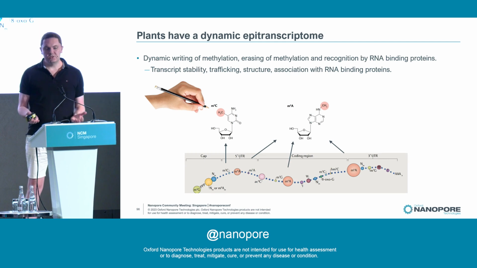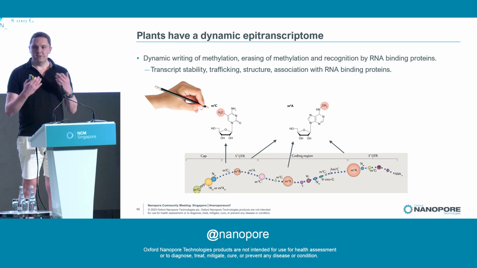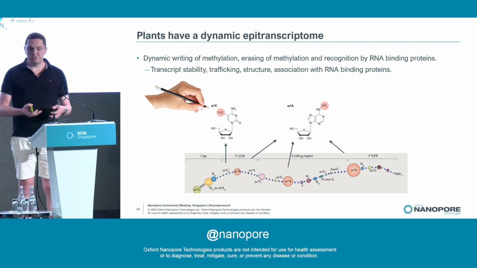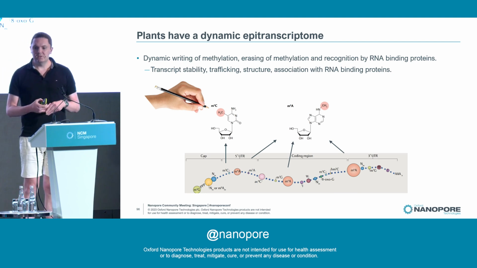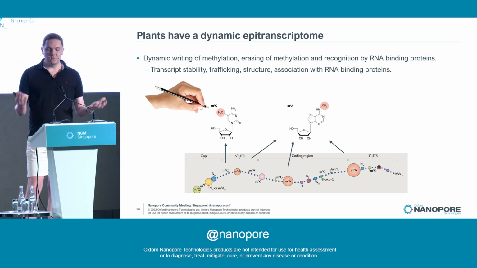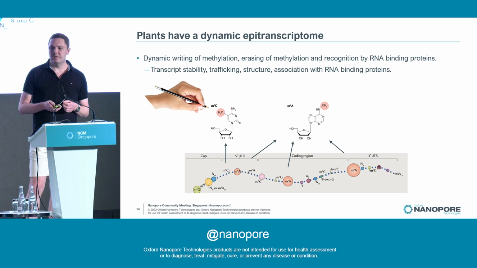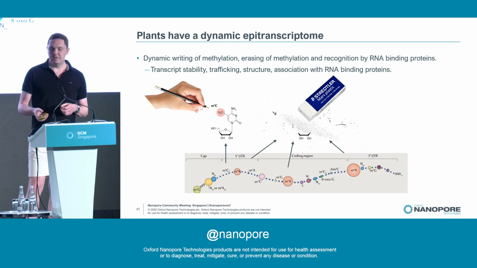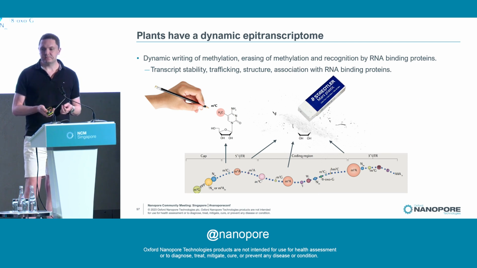What we've been looking into now is what methylation is occurring during this infection process, and what we see is that there's a lot of methylation being written. So this is dynamic, with methyltransferases adding methylation to the RNA. We also see dynamic removal of the methylation as the infection progresses, from the plant RNases.